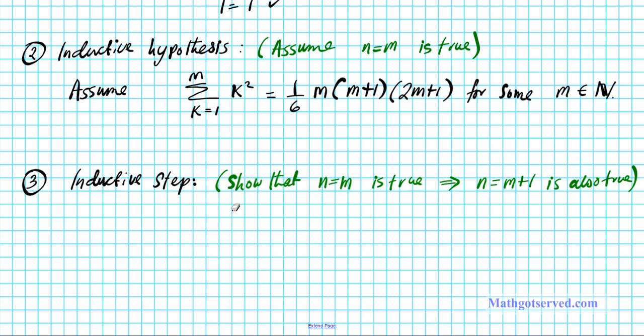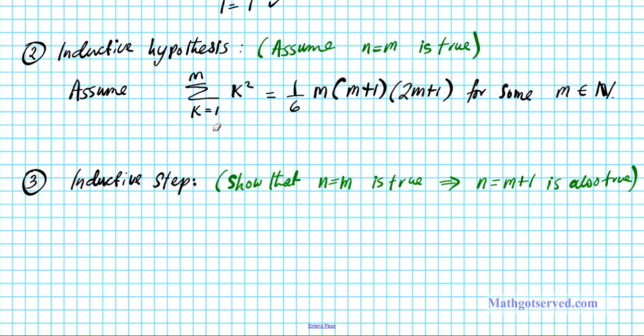Now, before we do that, let's think about n equals m plus 1. How is that going to look? We're just basically going to replace, everywhere we see m, we replace it with m plus 1, okay? So that will be on the left side of the equation.